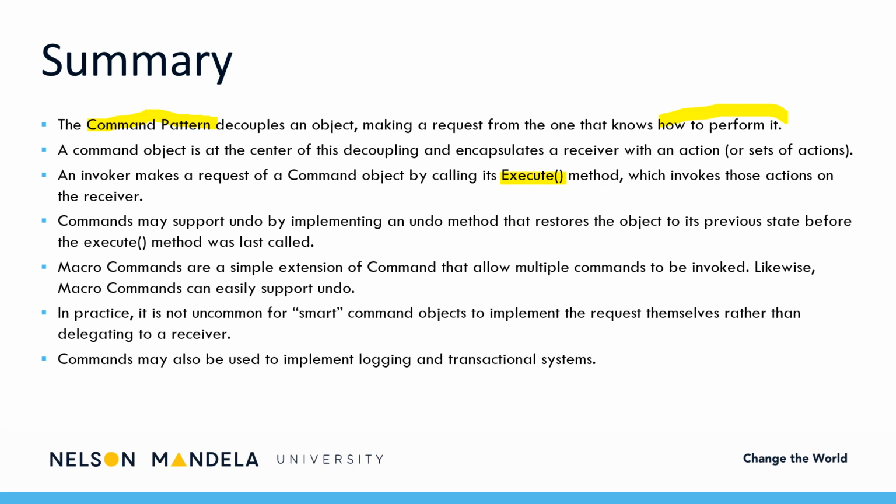This can have a number of concrete commands, which are objects that have the methods for commands to be executed. And then you've got your macro commands, which are there so that you can have a number of requests just by executing one command.